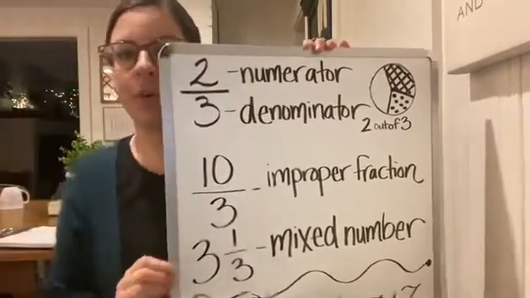So now that we've reviewed what fractions are, we're going to talk about equivalent fractions today, okay? Equivalent fractions are going to be very important in our upcoming lessons because when you add or subtract fractions, the denominator has to be the same in both of the fractions in order to add or subtract them. So we have to figure out what equivalent fractions are, and then we're going to talk about greatest common factors so that we can make fractions equivalent, or make fractions the same, so that we can add them or subtract them from each other.